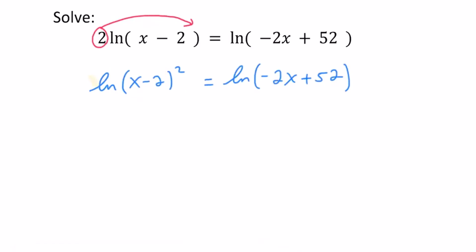So here the ln and the ln, they're the same. That means that the argument x minus 2 squared must equal to negative 2x plus 52. So we have x minus 2 squared is equal to negative 2x plus 52.